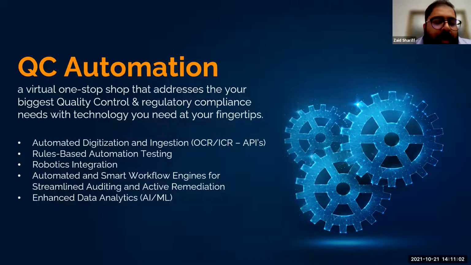I'm going to talk about rules-based automation testing. Similar to rule building workflow tools, I'm able to perform a rule-based automated test for compliance checks, meaning I'm going to ensure that all the data on a document moved into the LOS, right?